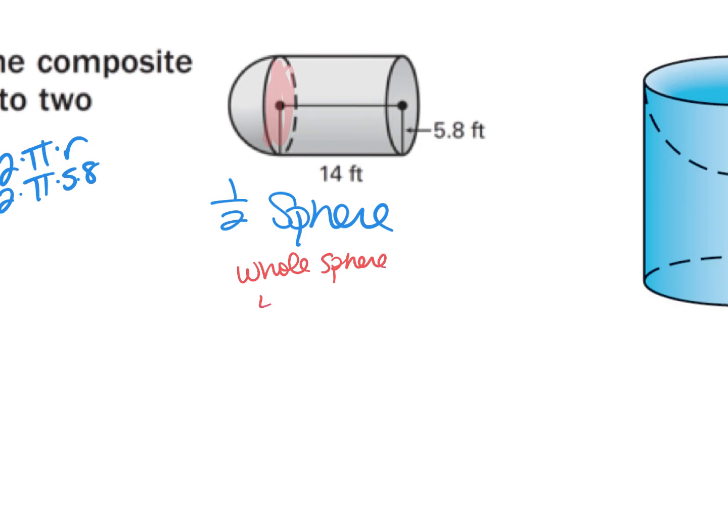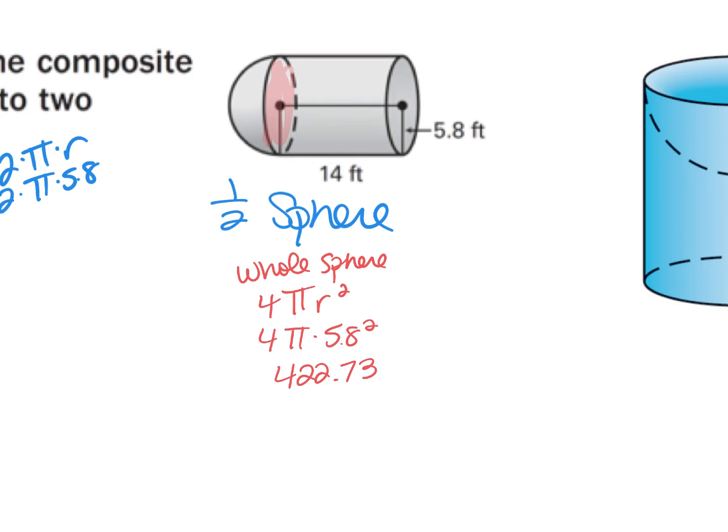It's going to be 4 pi r squared, 4 pi times 5.8 squared. That gives you, let's go 2 decimal places, 422.73.